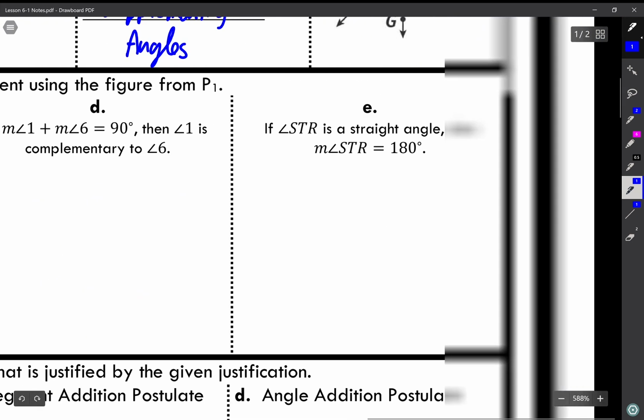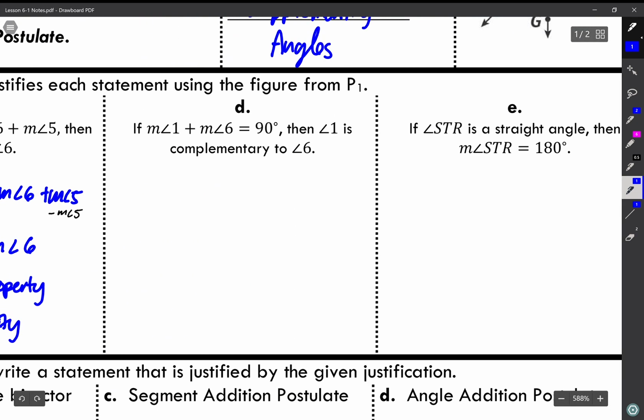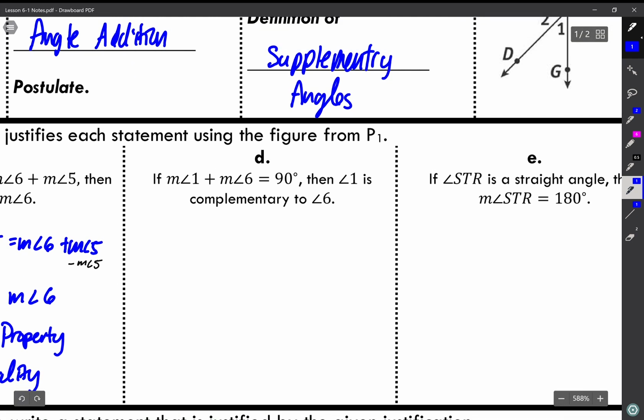Alright, D. If the measure of angle 1 plus the measure of angle 6 is equal to 90 degrees, then angle 1 is complementary to angle 6. Alright, so we know that if two angles add up to 90 degrees, then they are complementary, right? And we also know if two angles are complementary, then their measures add up to 90 degrees. What tells us this is the definition of complementary angles.